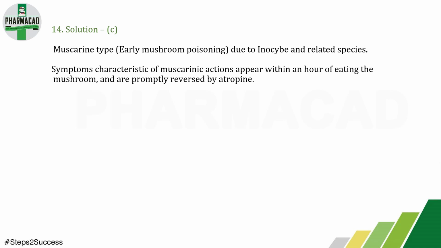Muscarinic type early mushroom poisoning is caused by Inocybe and related species. The symptoms are characteristic of muscarinic actions, appear within an hour of eating the mushroom, and these are reversed only and only by atropine.